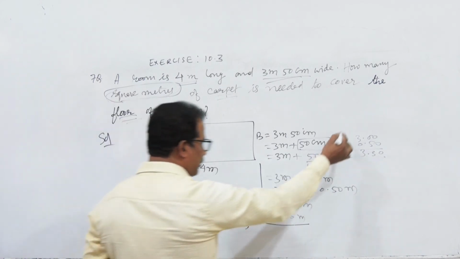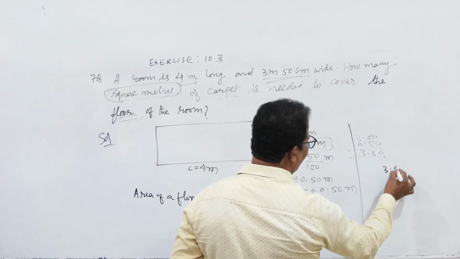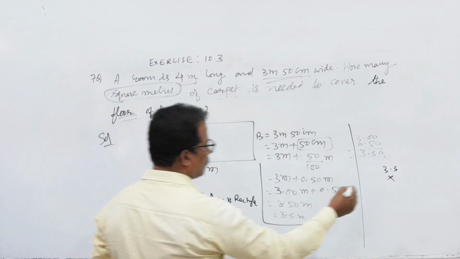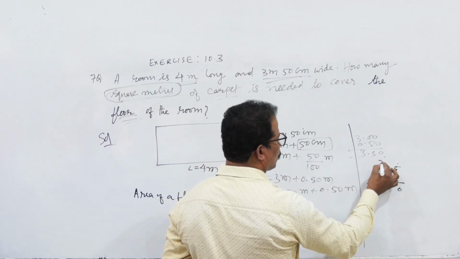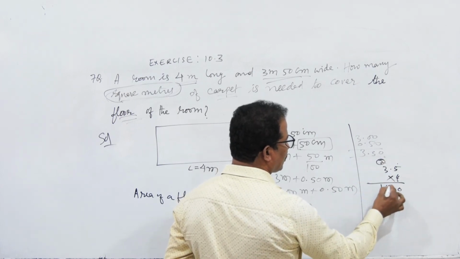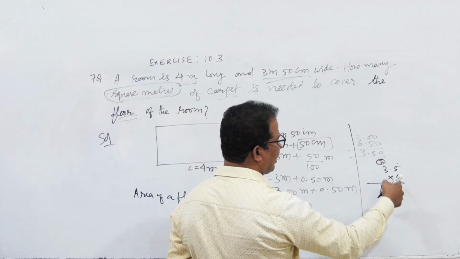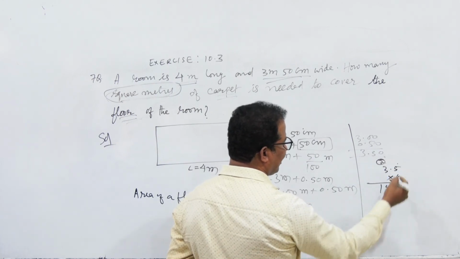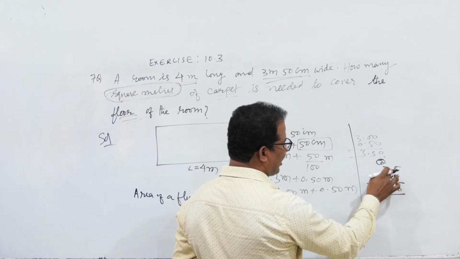How can we multiply? See, it is a decimal number. So you can write 3.5 into 4. So 4 5s are 20. 2 remaining. 4 3s are 12 and 2 is how much? 14. Again see here, 4 5s are 20, 2 written here. 4 3s are 12 plus 2 is 14. And the decimal will come like this, because in this question only one decimal place is there.